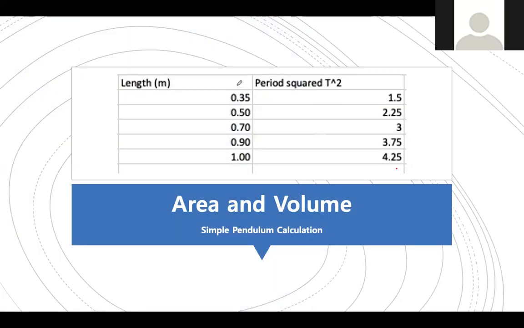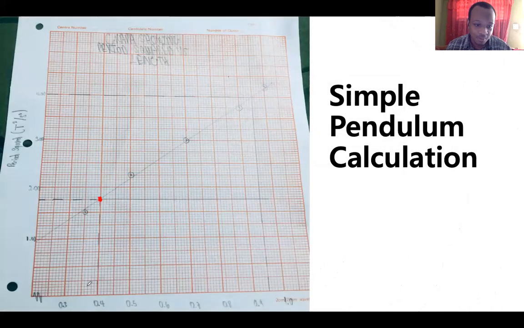So we start at 0. Remember what is happening here: we start at 0 and we go up to 1. Remember this? We cut the graph right here so we can get a better range of values.